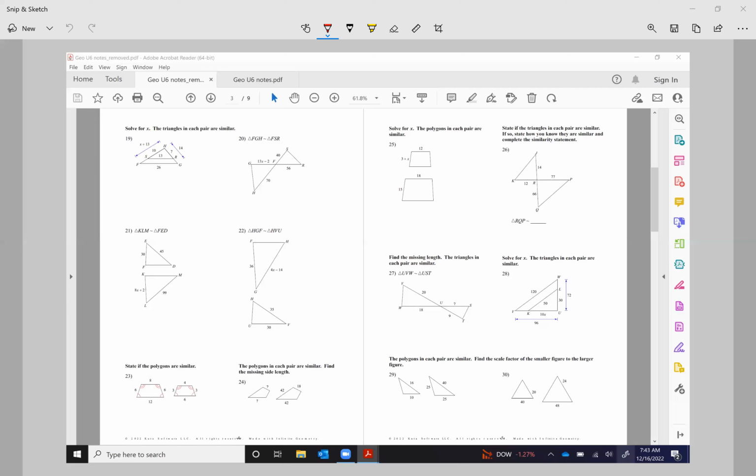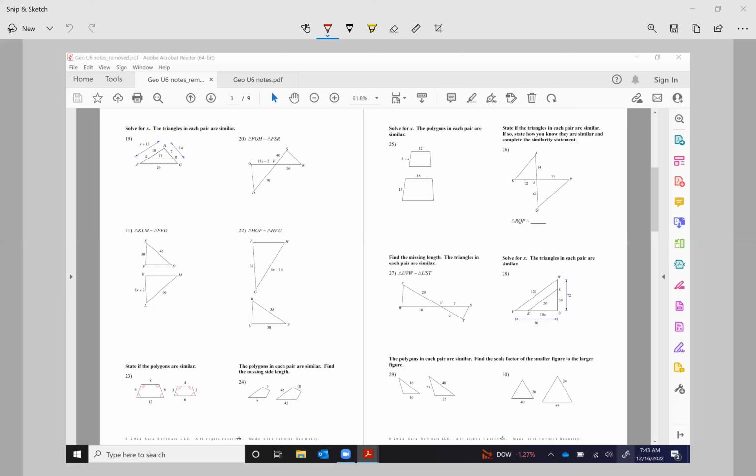Because on the other side, we have 24 and 40. The small number goes with the small number and the big number goes with the big number. If you can already tell that x is smaller than 10, x goes with 24. If x is bigger than 10, then x goes with 40. If you cannot tell, x is the side UV, using the first two letters here, UV.